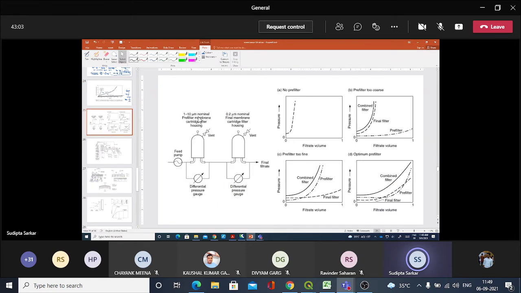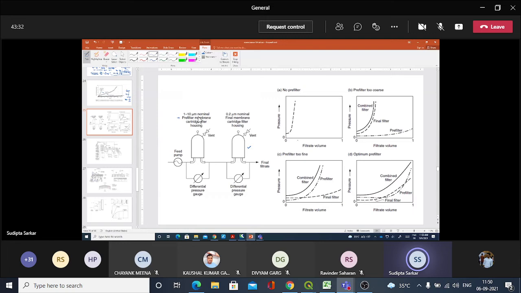Now, there are other ways we can try: we can put a pre-filter membrane ahead of your final membrane. You can see this is the 0.2 micron nominal size final membrane cartridge filter. Inside this filter housing there is a membrane of 0.2 micron size.